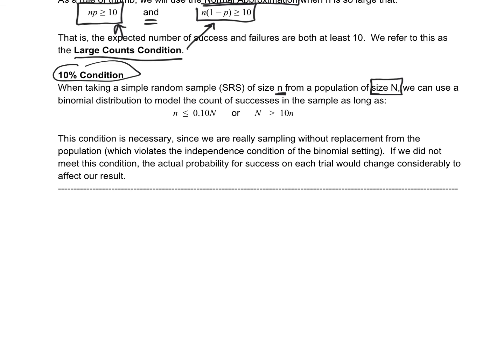If the scoop is at least 10% of the bowl, this is what we call the 10% condition. What does that mean? It means that we can use a binomial distribution. So we've got to be dipping at least 10%. The number of trials has to be at least 10% of the total population of trials.